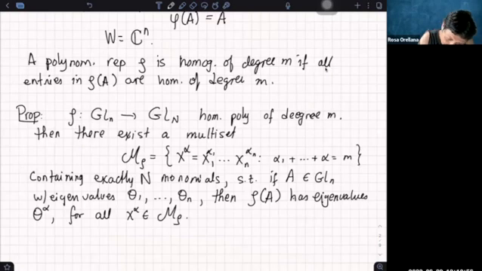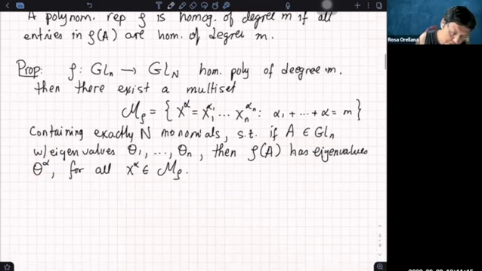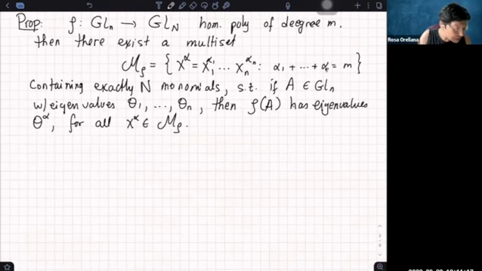So what this is saying is that all the eigenvalues of this matrix are going to be monomials, all of the same degree. So that's what this proposition says.